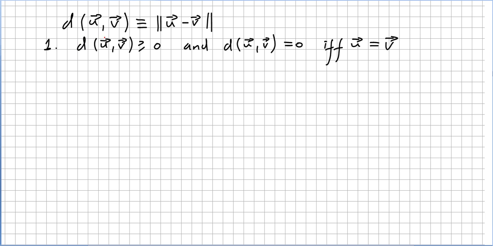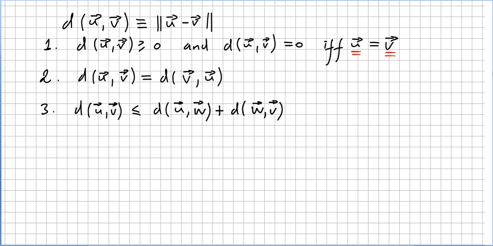Very first property, so I'm defining the distance between two vectors as the absolute value of u minus v. The distance between two vectors will always be 0 or bigger than 0. And the distance will be 0 if and only if vector u is equal to vector v. Second, the distance between vector u and vector v will be equal to the distance between vector v and vector u, so they are symmetrical.